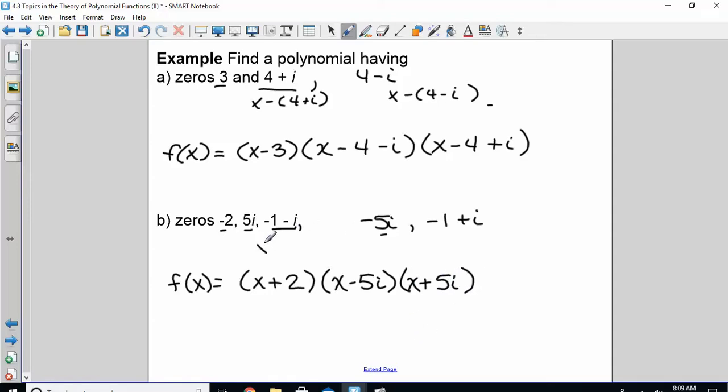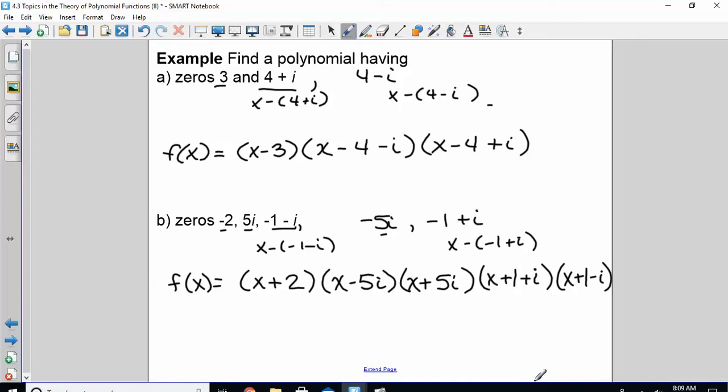Okay, for the negative 1 minus i, if I do x minus that, you get x plus 1 plus i. The last one, if you did x minus the negative 1 plus i, you get x plus 1 minus i. So the sign on the i changes with this.